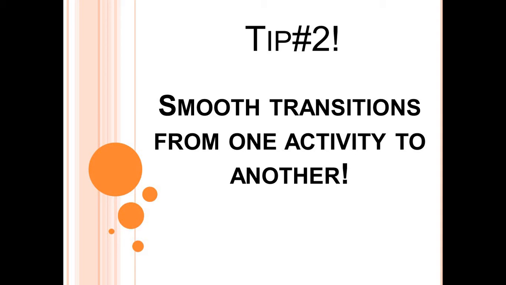Example, again, let's say that you have finished the topic family, and you're talking about family members, and you would like to introduce a new topic, which is animals. So how would you get from the topic family to the topic animals smoothly? What are your ideas?